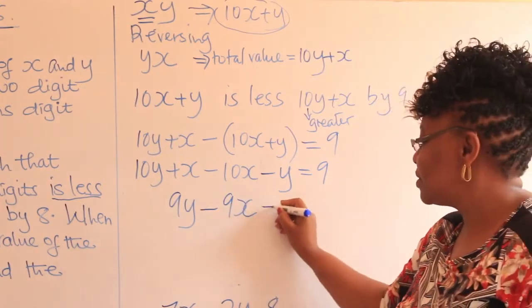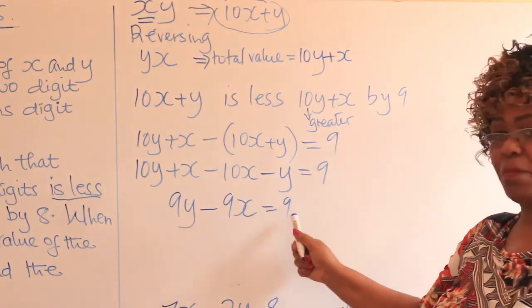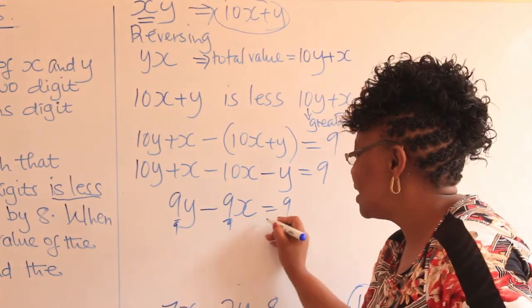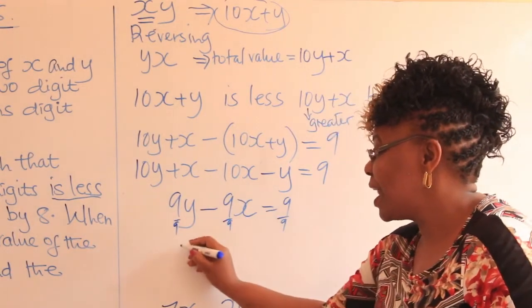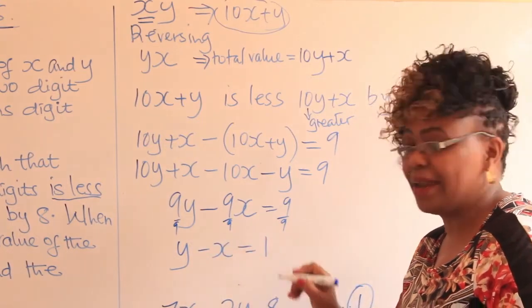This equals 9. Divide this equation by 9 to simplify it: divide here by 9, here by 9, and here by 9. You get y minus x is equal to 1.